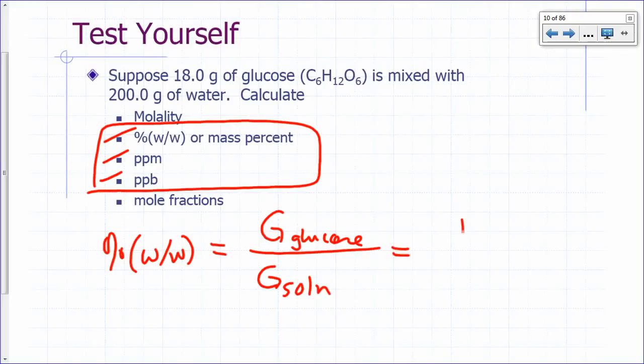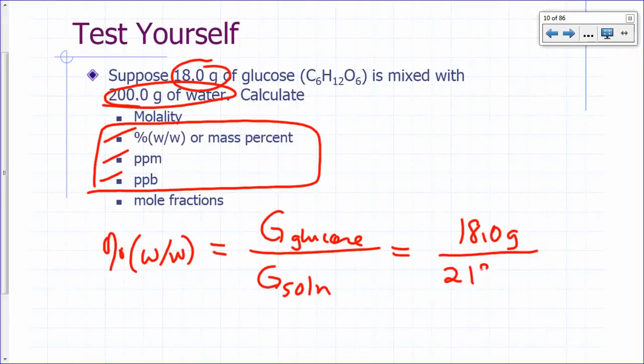So how many grams of glucose do we have? 18.0 grams. What's grams of solution? It's not 200. 200 is just the water. Okay, so you have to add the water and the glucose. That's the whole thing. So that's 218.0 grams.